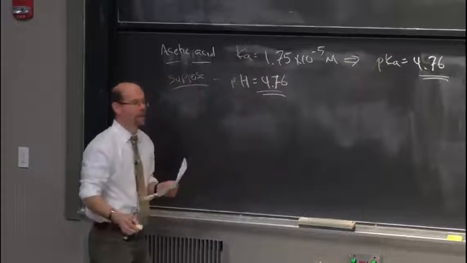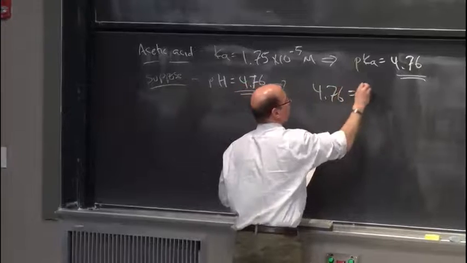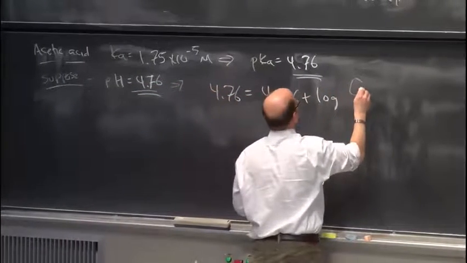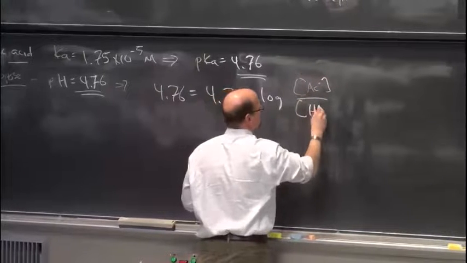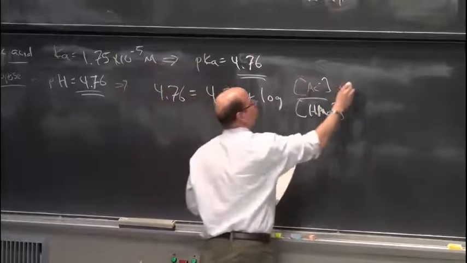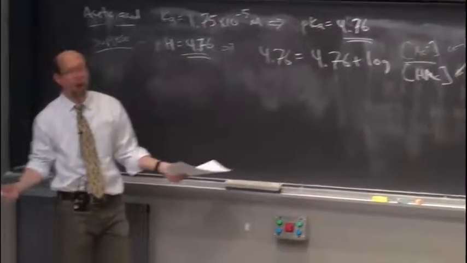What does that mean? Well, 4.76 is the pH, and that equals the pKa, 4.76, plus the logarithm of the acetate anion divided by the amount of undissociated acid. So what's the ratio of the conjugate base to acid here? 1, right?